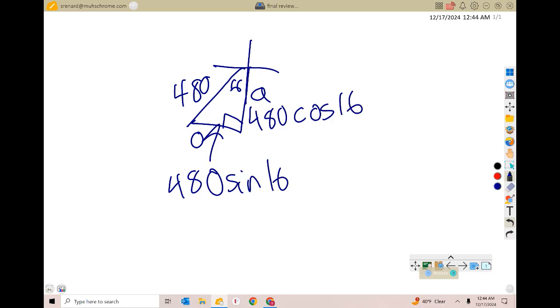So we're going to run that through our calculator, and we get that this is 132 meters. This is 461 meters. Okay. So this is how far south she went on that first trip. This is how far west she went on the first trip. Okay. So now we've got that done.